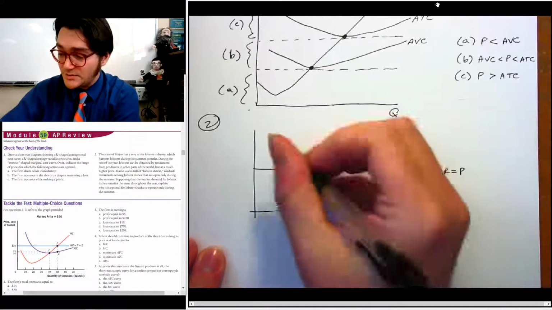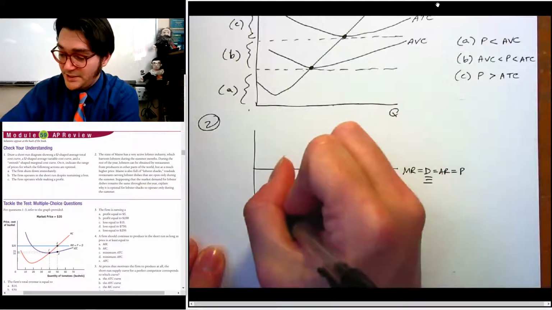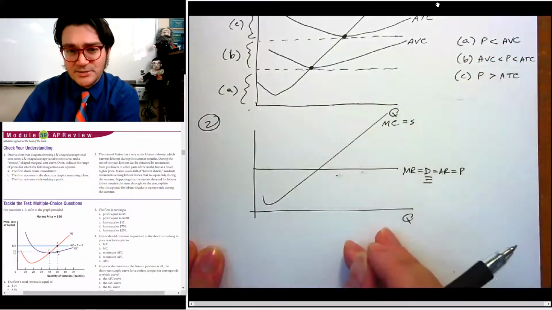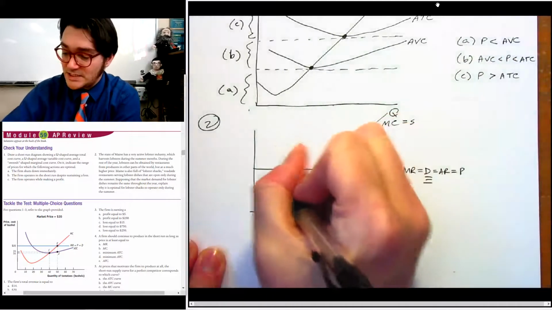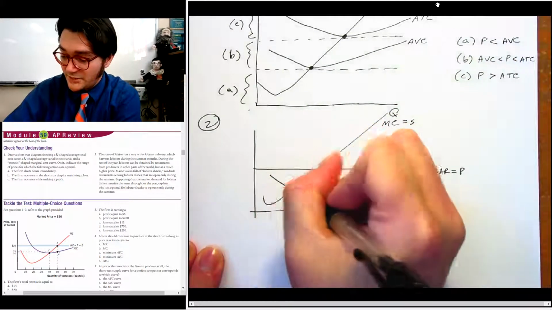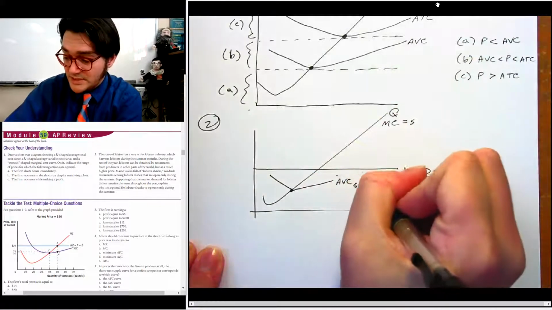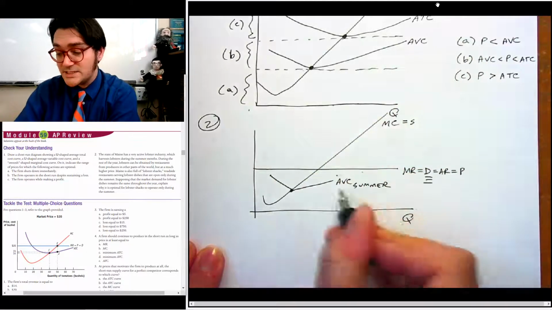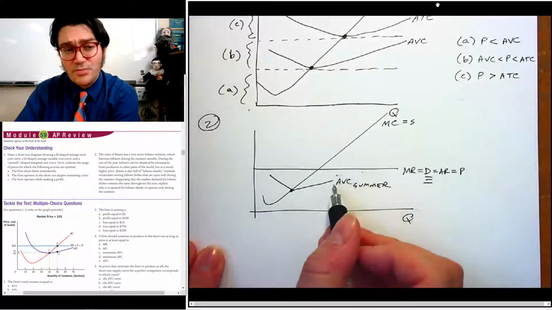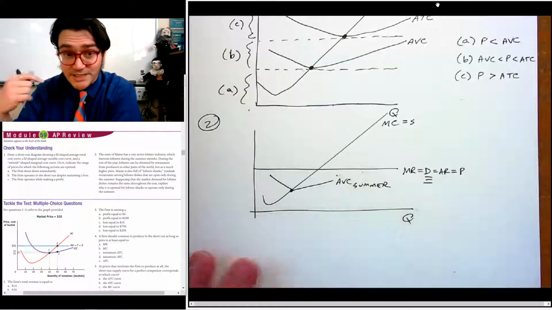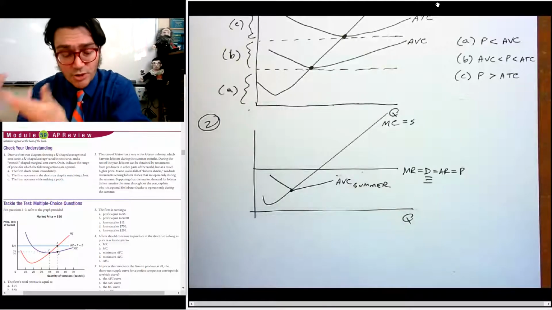But what is going to move around is this marginal cost curve, which is the firm's supply curve. In the summer, you've got an AVC that's down here, because in the summer the variable cost is pretty low. Variable cost in this sense would include the cost of the lobster, because every time you make a lobster meal, it's an additional cost.